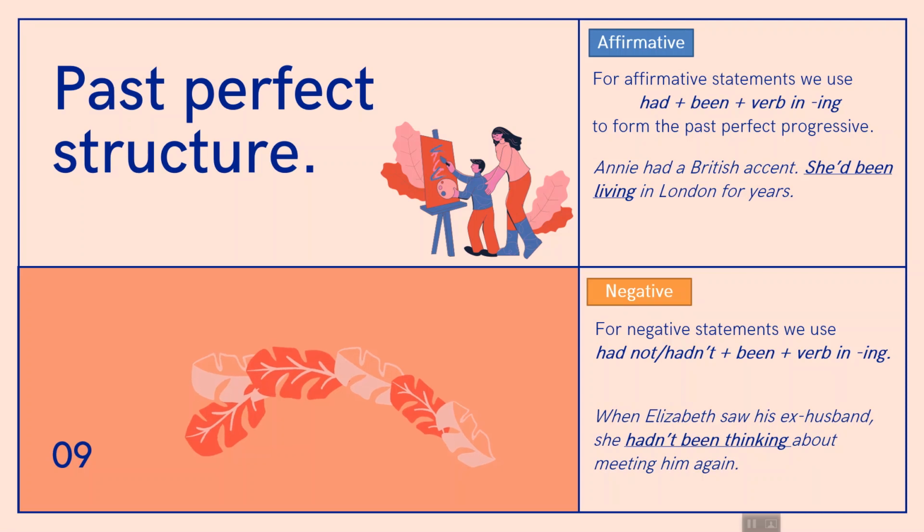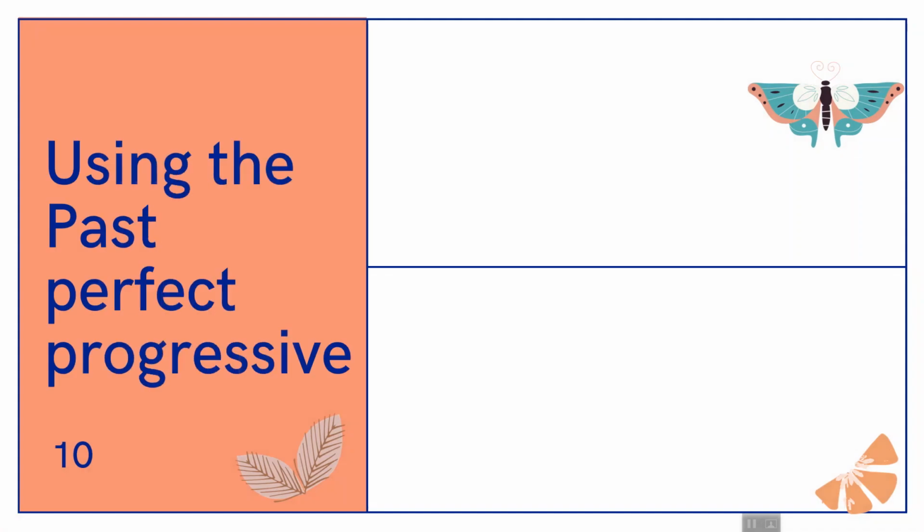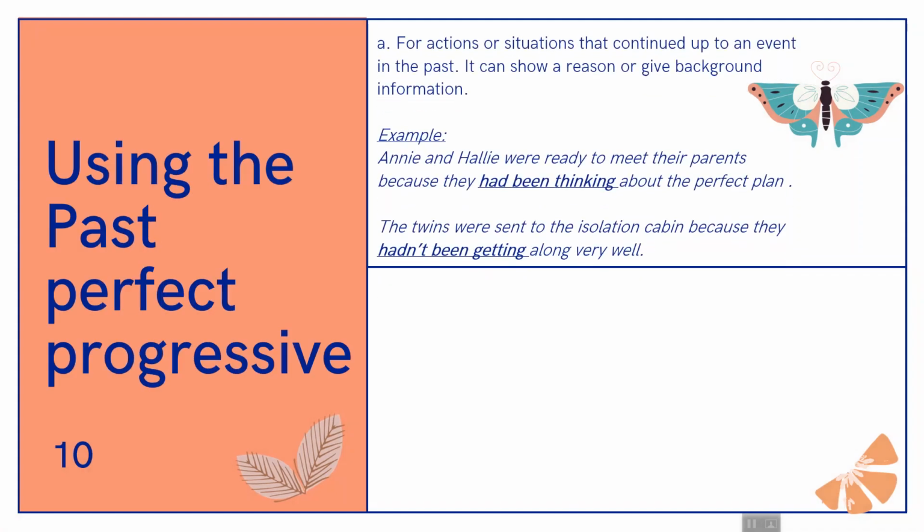Now, let's see the following. Using the past perfect progressive. So when are we going to use the past perfect progressive? Well, we can use it for actions or situations that continue up to an event in the past. It can show a reason or it can give us background information. For example, Annie and Hallie were ready to meet their parents because they had been thinking about the perfect plan, right?